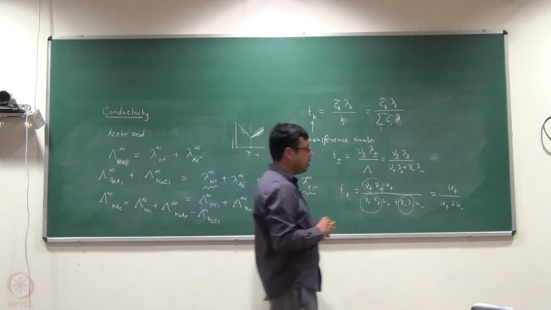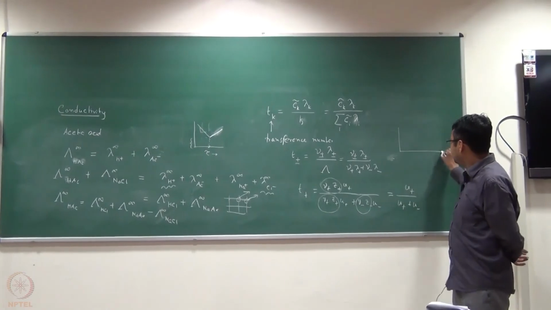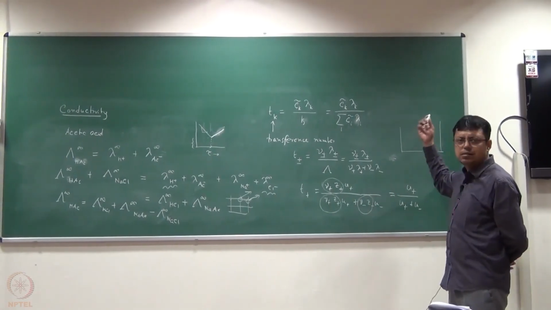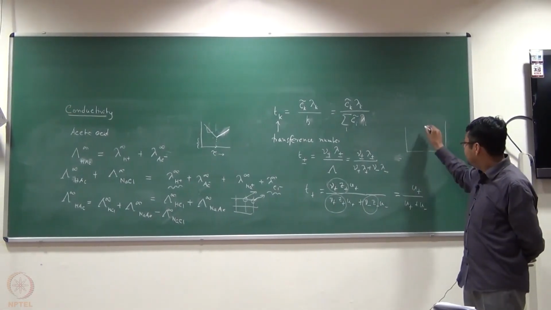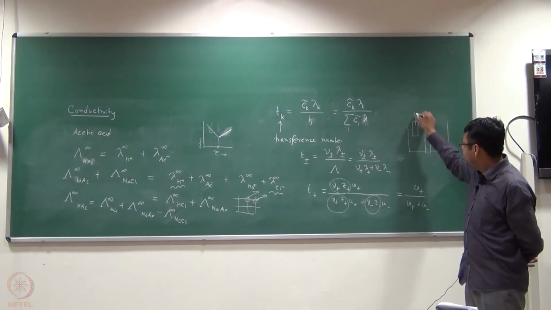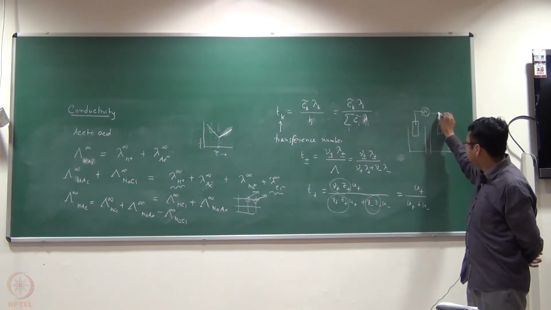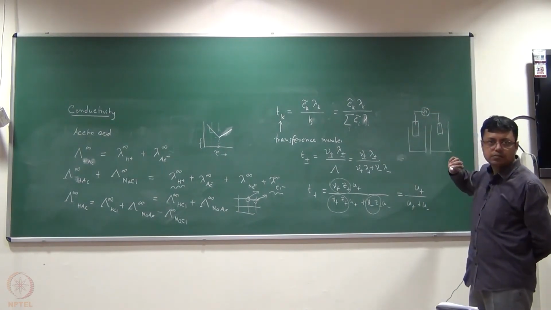Secondly, which I did not discuss, due to this difference, suppose I have a Daniel cell, think about it. One electrolyte is here, I have an electrode, and I have another electrode here. Now if I connect it, of course I will not see anything, because I have to move the ions also, right?